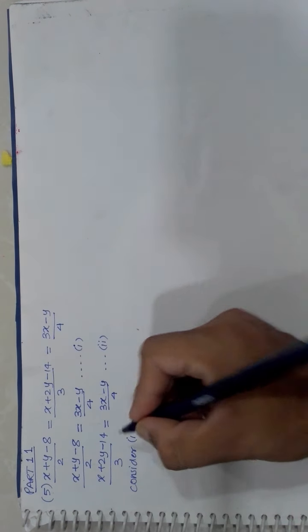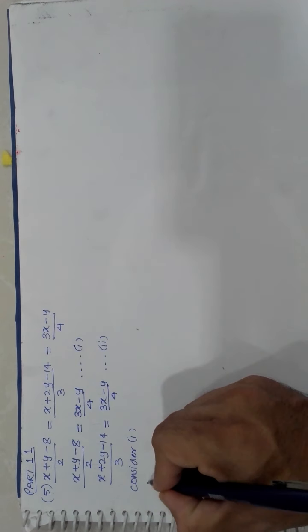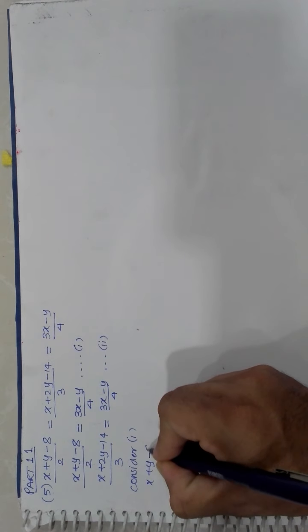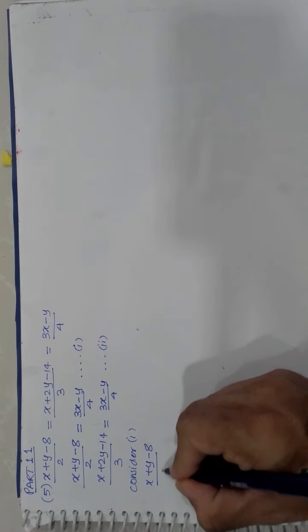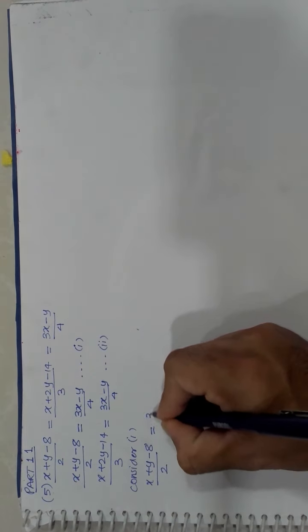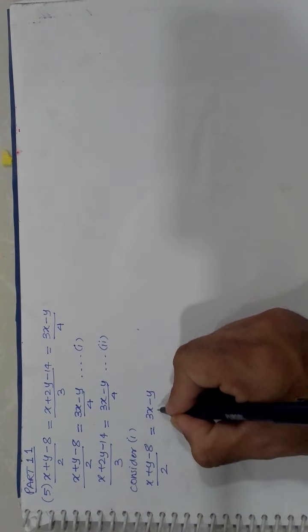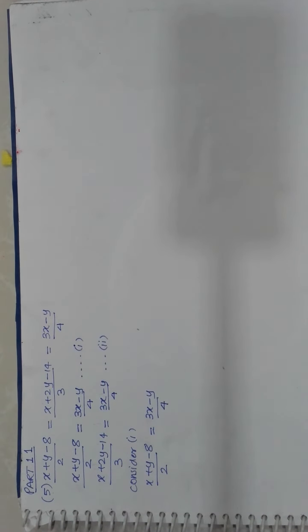When I consider the first one, I get x plus y minus 8 upon 2 is equal to 3x minus y upon 4. After looking at the denominators, I find the denominators are inter-divisible. That means 4 appears in the table of 2, so 4 is divisible by 2.